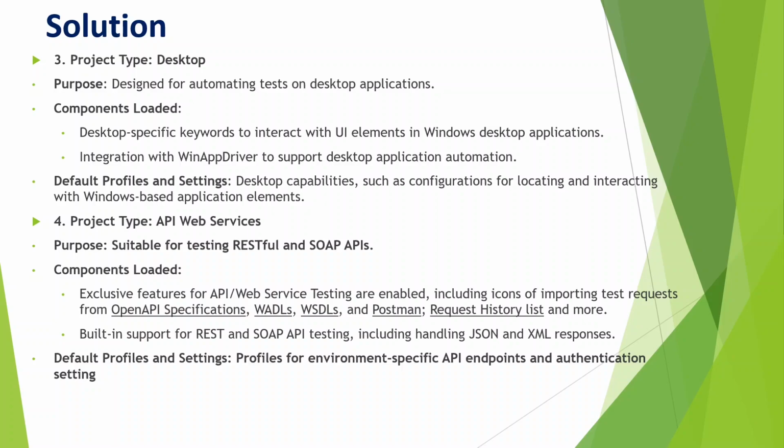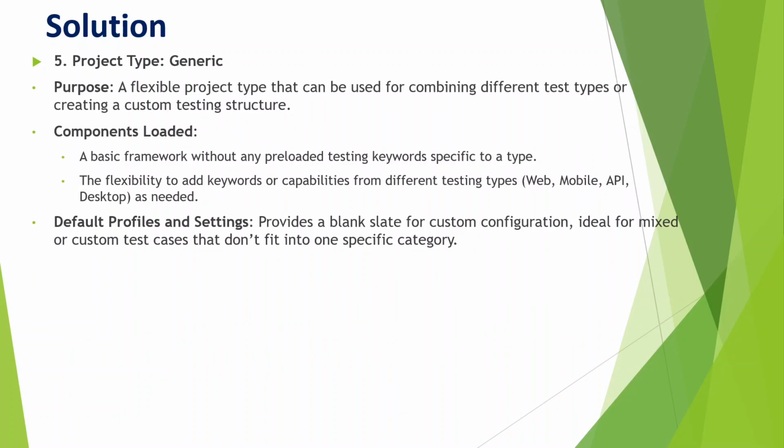You will have built-in support for REST and SOAP API testing, including handling JSON and XML responses. And of course, you will have default profiles and settings where you will be managing environment specific API endpoints and authentication settings.